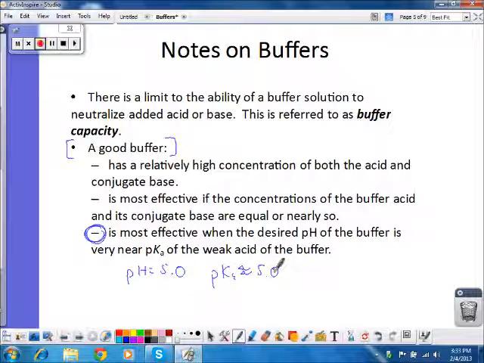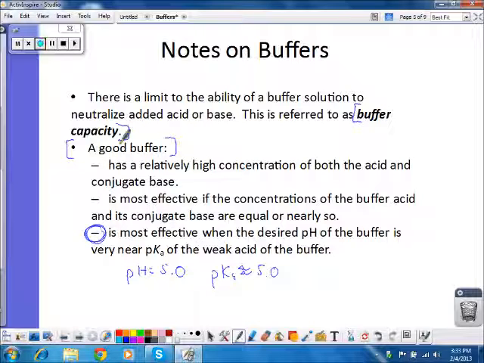So even though buffer solutions resist changes in pH, they're not totally resistant across a wide range. There's only so much strong acid or strong base that a buffer can actually neutralize, and the amount it can neutralize without really changing pH is referred to as the buffer capacity.